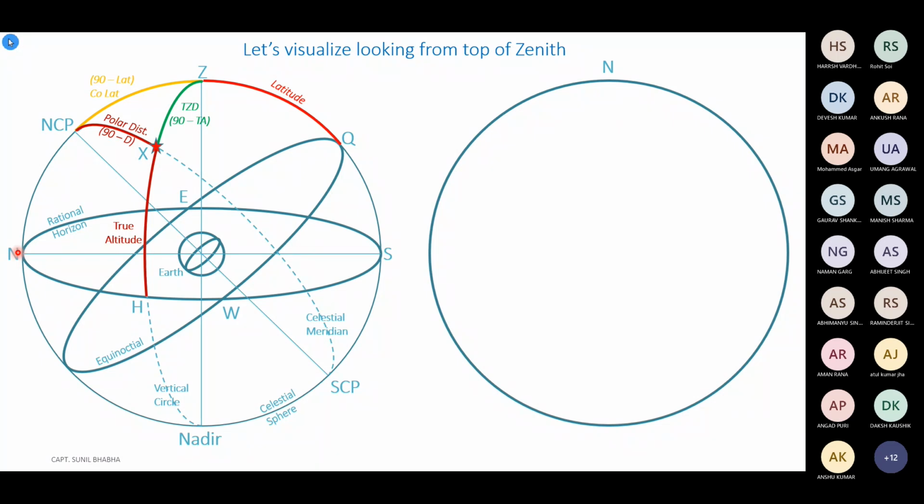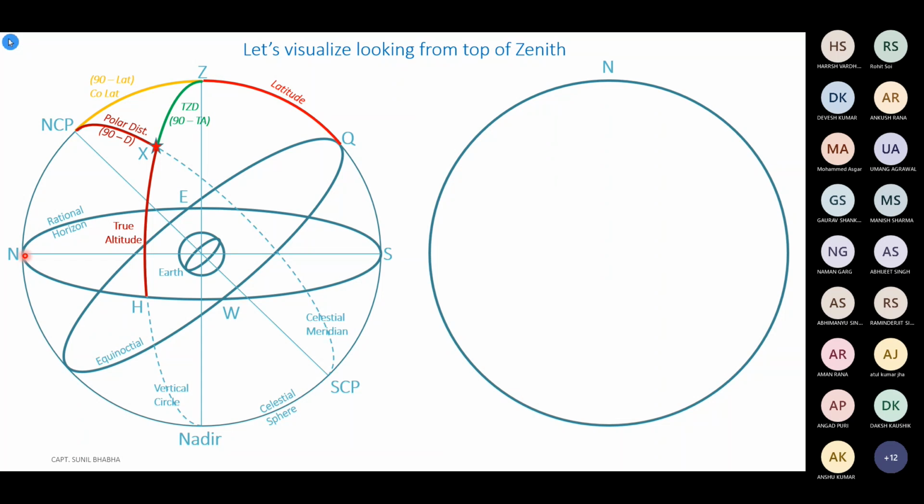We will only be able to see what is on top of the rational horizon. So the circle which we have drawn on the right side of the screen represents the rational horizon of the observer. That is why the name given to it is rational horizon diagram, because it is made on the plane of the rational horizon of the observer.